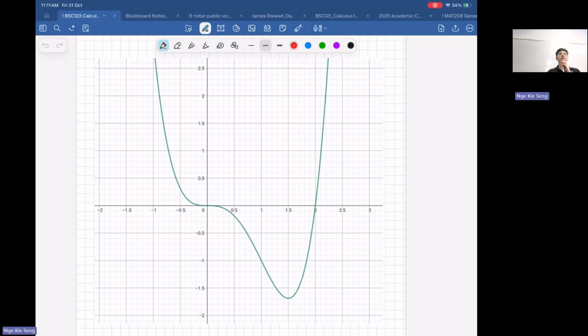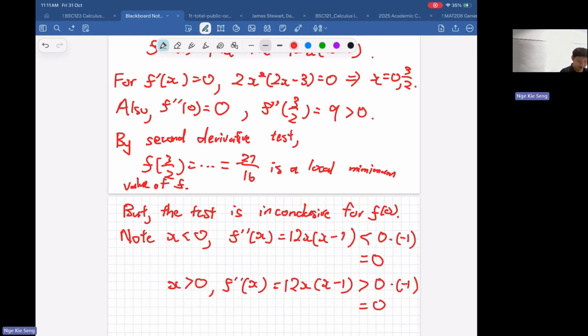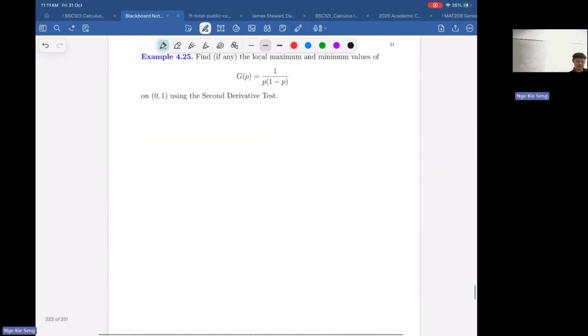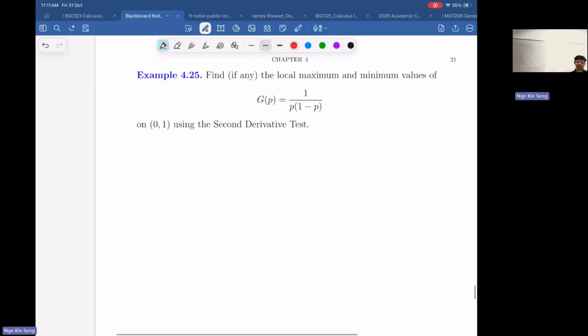Any questions so far? No? Okay, I'll let you try another problem. How about I let you try for 3 minutes, see how far you can get for 4.25, and then we can discuss. Try this.